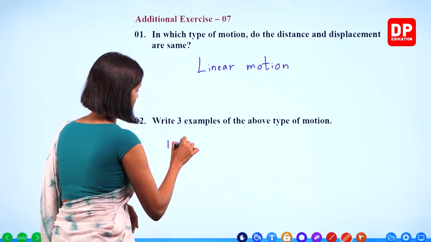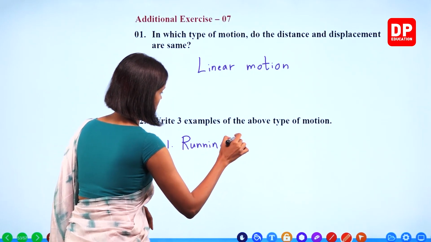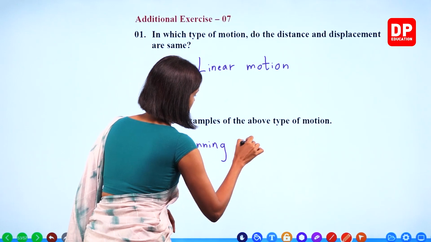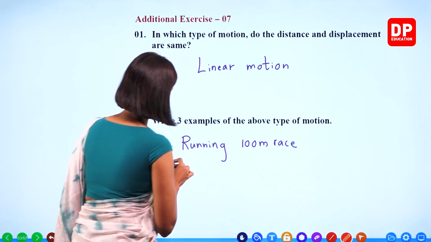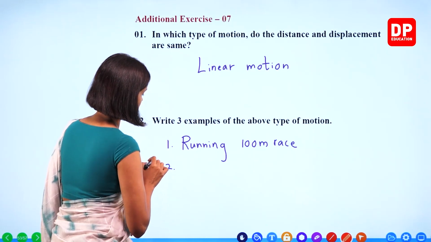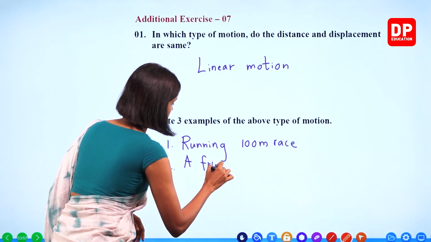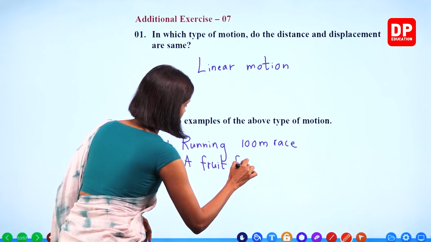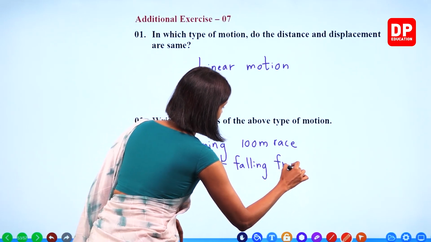Right. Number 1, running 100 meters. We'll write 100 meters race. Number 2, a fruit falling from a tree.